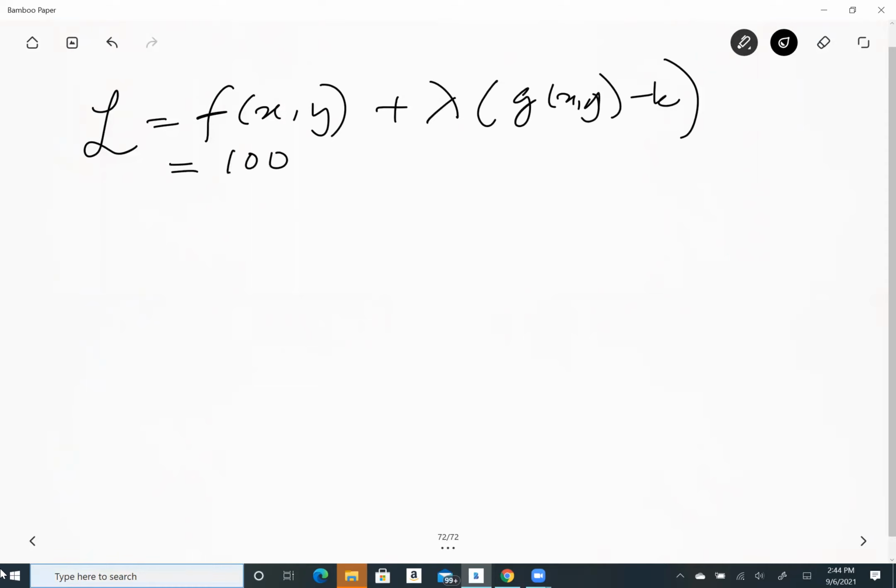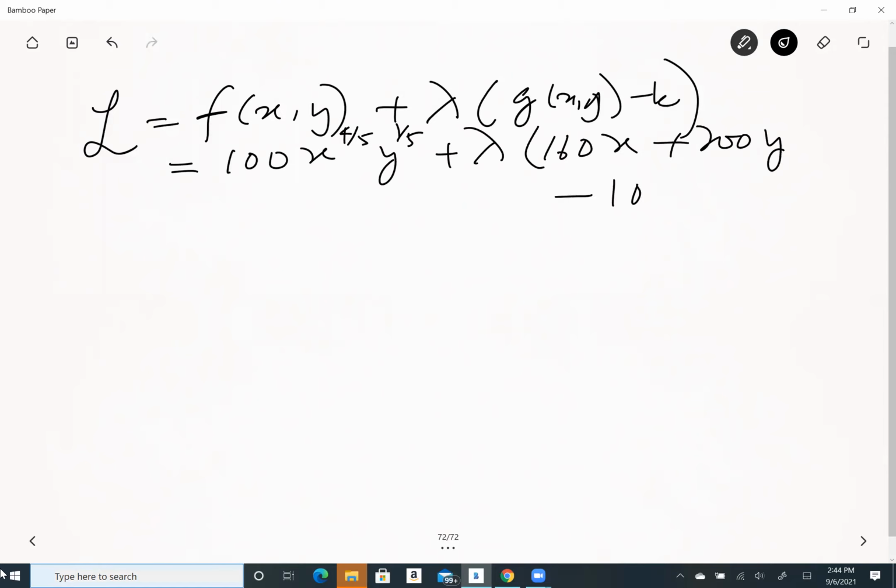So that is 100 x to the power of 4 over 5, y to the power of 1 over 5, plus lambda multiplied by 160x plus 200y minus 100,000. I don't have space to write, so I put it down.